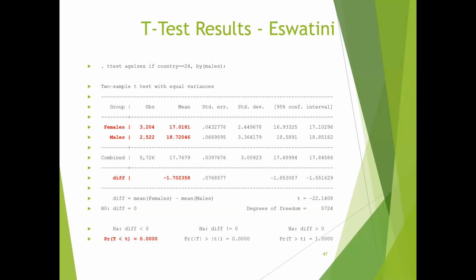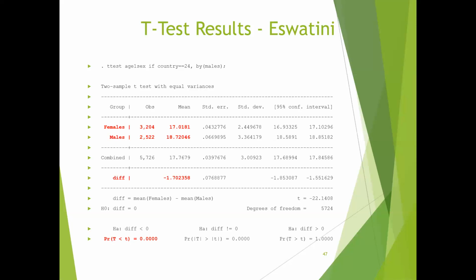Everybody understand that? Everybody's clear about that? The benchmark for statistical significance, if you're using t, is the absolute value of 1.96. The absolute value of 1.96.